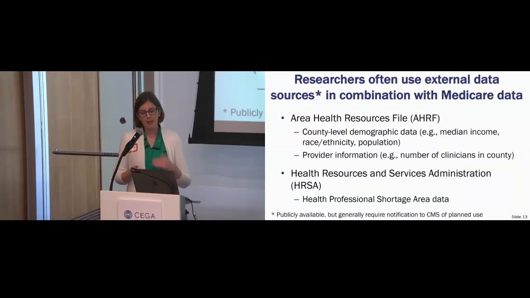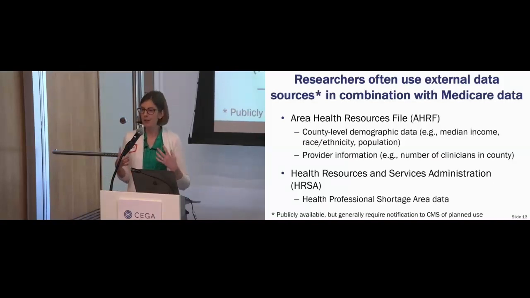So before I dive into how to actually access the Medicare data, I did want to note that in a lot of the work that I do related to Medicare data, I often use external data sources that are generally publicly available. And I merge those in with the Medicare data files that I'm working with. So the first that really comes to mind regularly is the Area Health Resources File, or AHRF.